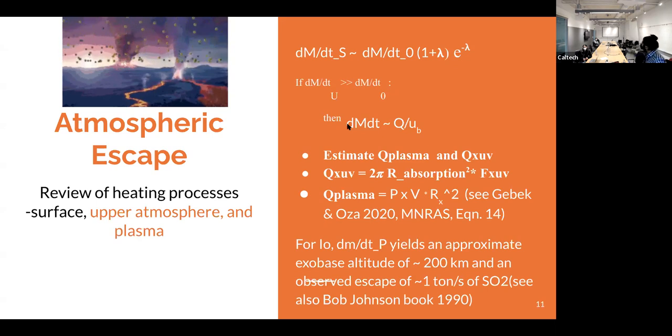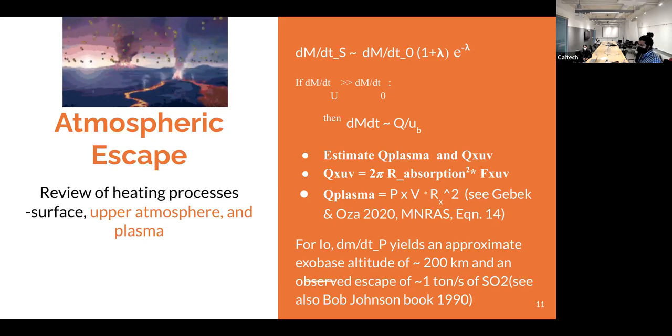Sometimes atmospheric escape can be complicated, but I tried to make it in the simplest possible way: it's simply the ratio between the energy input into the atmosphere over the binding energy per molecule. So essentially, one needs to assess and add up all the heating processes that can drive it off from the gravitational well. There are 2 possibilities.